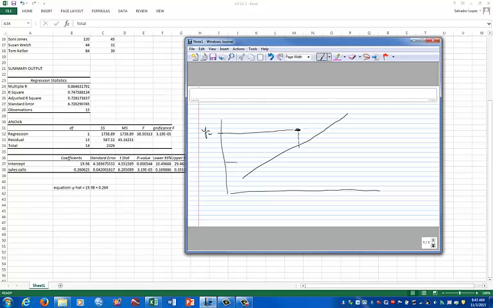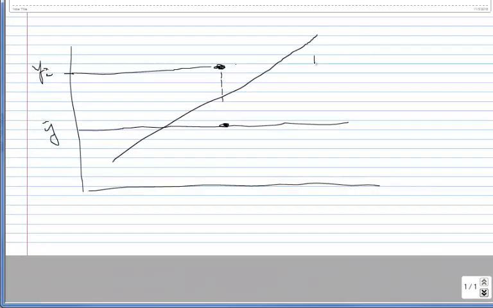And suppose that the average value of y is right here, which we call y bar. The difference between yi and y bar, same as what we saw in chapter 12, is called total variation.